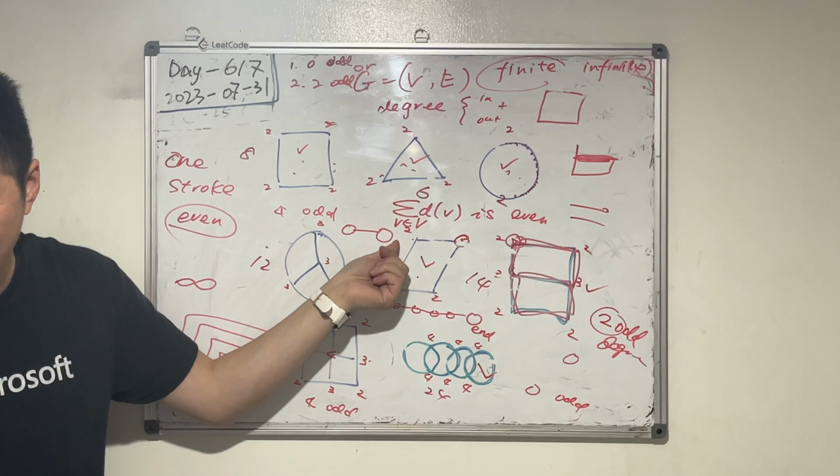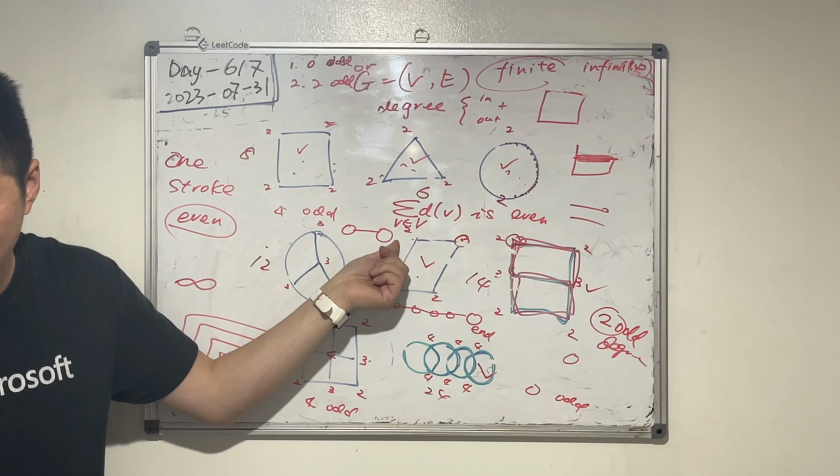I have one edge. What's its contribution to the sum of the degrees? 2, right? It connects to two vertices. So the sum of all the degrees actually equals 2 times the number of edges. Then this is an even number, am I right? Yeah, this is an even number.